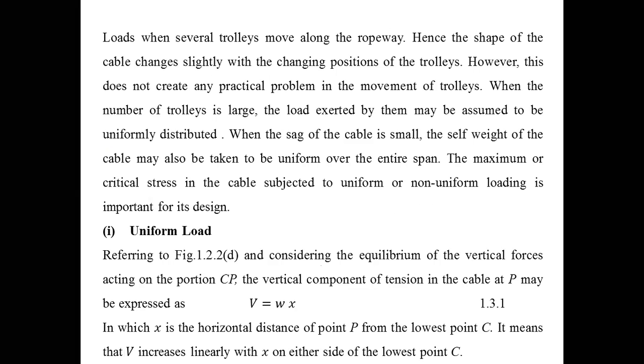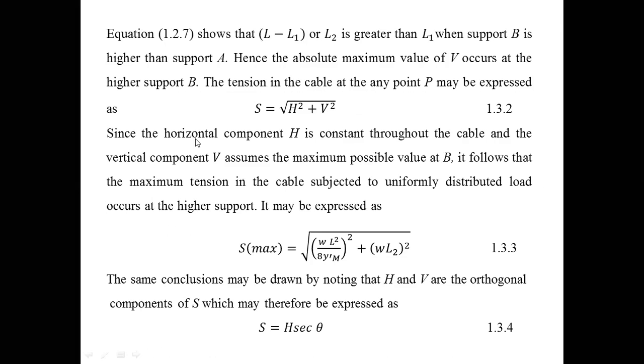L2 is 30 meters, L1 is 20 meters. Therefore, where do you get the maximum vertical reaction? At support B, you get the maximum vertical reaction, not support A. Therefore, S is equal to the square root of H squared plus V squared. H is equal to WL squared by 8Y. And what is the vertical reaction?